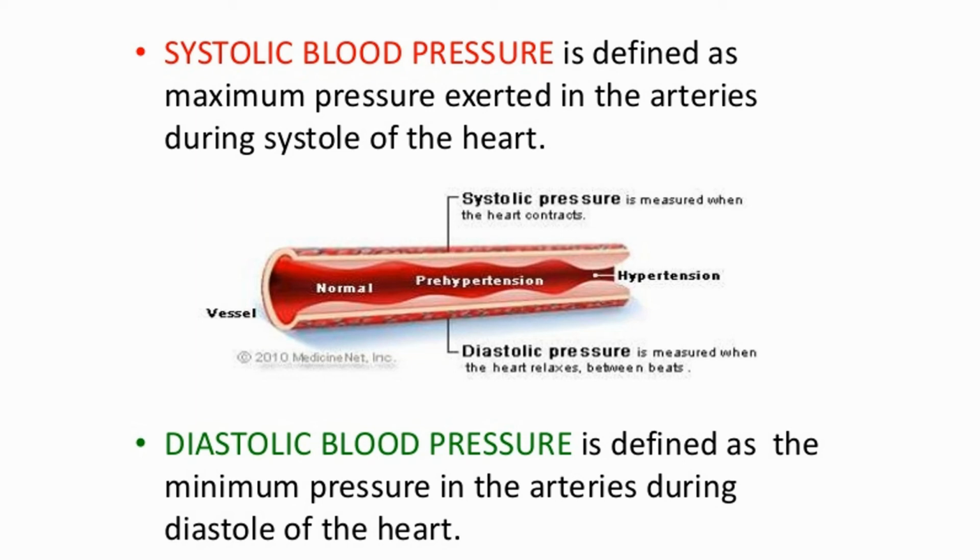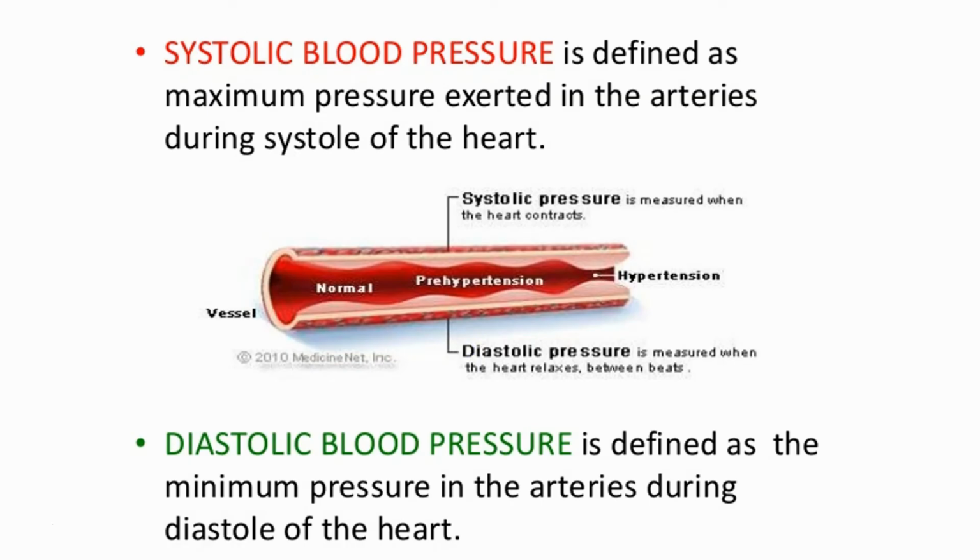So blood pressure is the pressure that blood exerts against the walls of the artery. So let me go back there. We have this portion of the artery, and we're talking about the way that the pressures are going to occur.